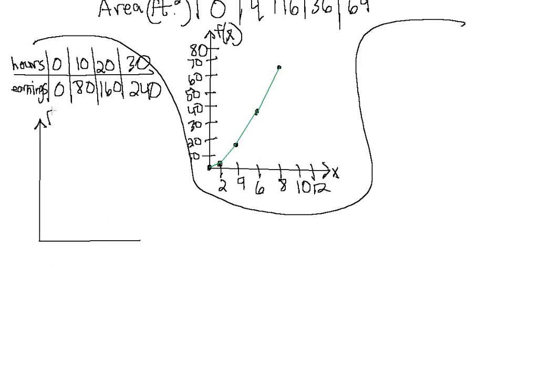So our first quadrant, we're going to have the x-axis, and our earnings for our f of x values are going up to 240, so we need to scale properly. 1, 2, 3, 4, 5, 6. So let's go ahead and use 50s: 100, 150, 200, 250, and 300.